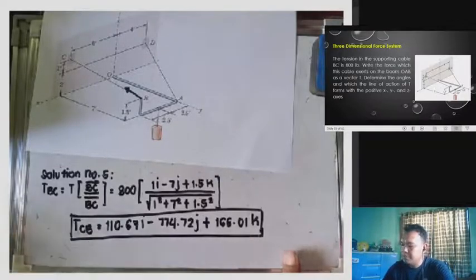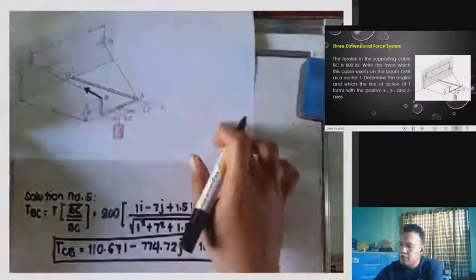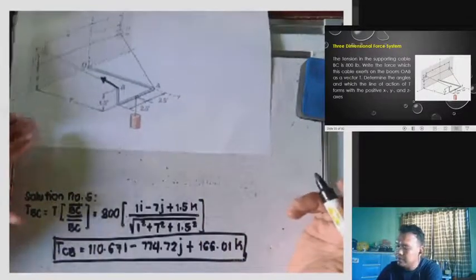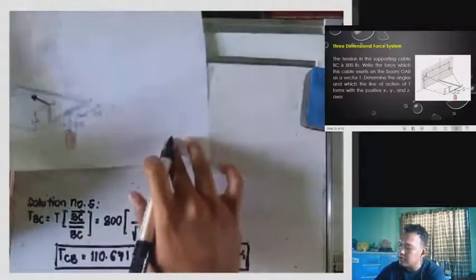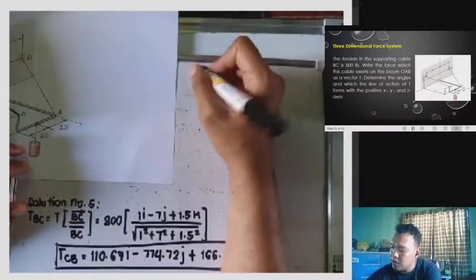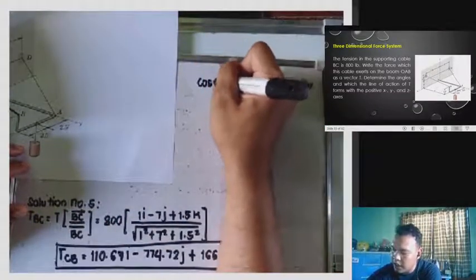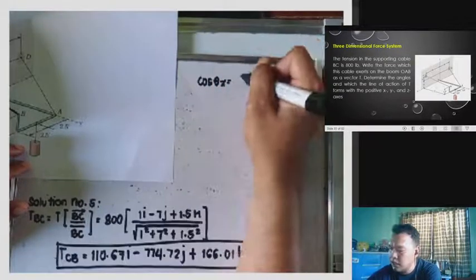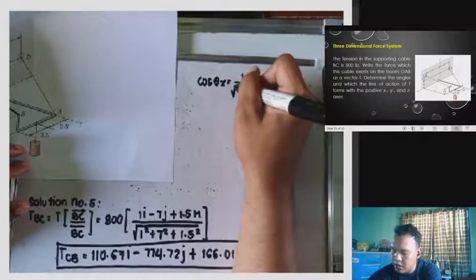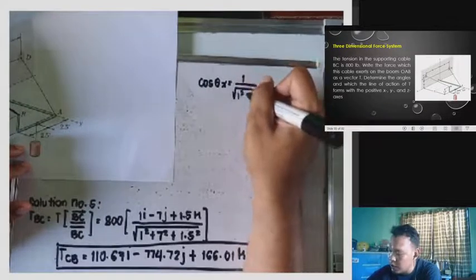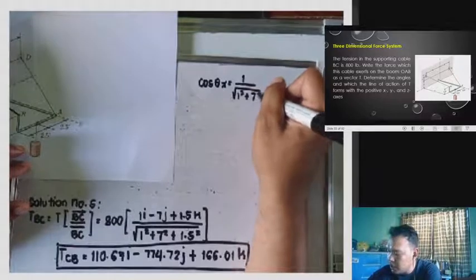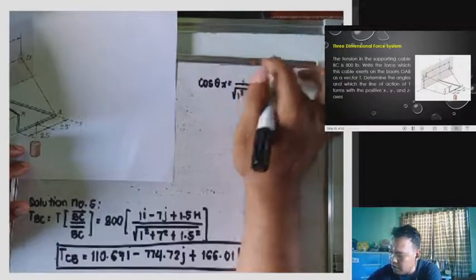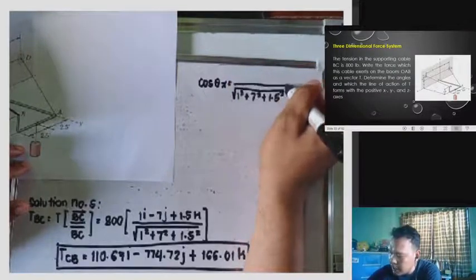So, sabi ko kanina, to get the value of theta x, cosine theta x is yung x, which is yung 1, all over the square root ni 1 squared plus 7 squared plus 1.5 squared. Yan po yung value ng theta x natin.